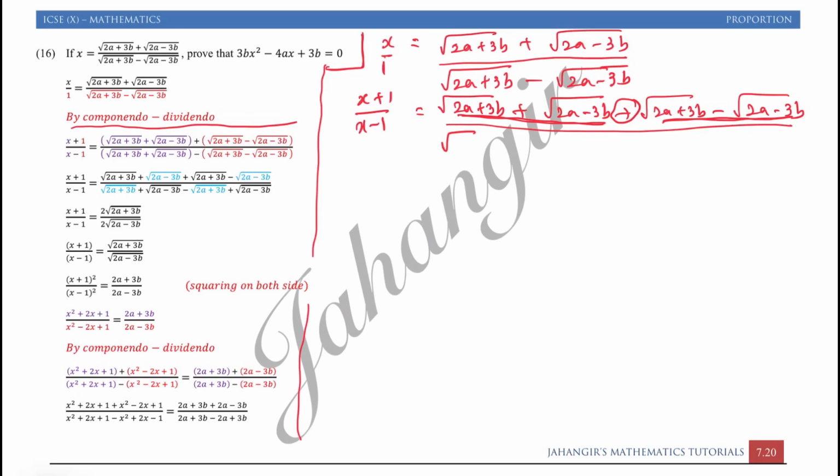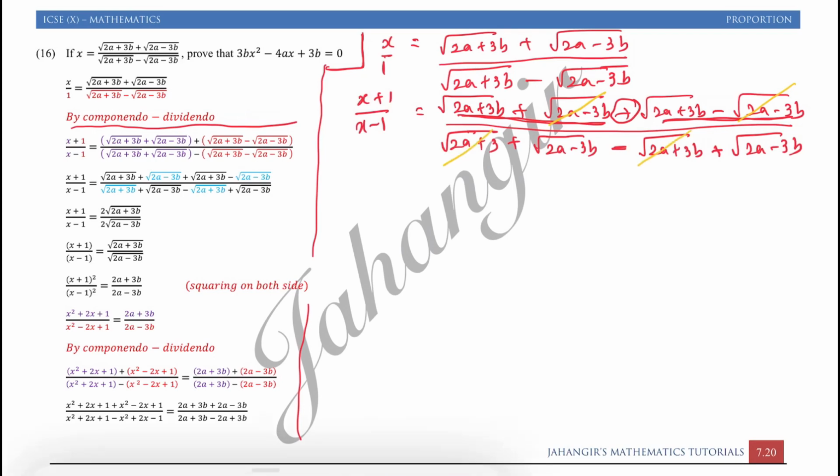Then same part, numerator, that is 2a plus 3b plus 2a minus 3b. Here I will put minus: 2a plus 3b minus, it will become plus 2a minus 3b. These two terms will get cancelled.